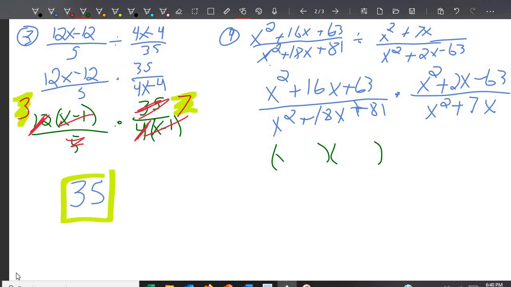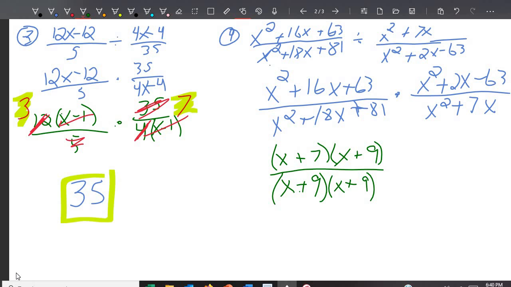The factors of 63 that add up to be 16 are 7 and 9. The bottom, the factors of 81 that add up to be 18 are 9 and 9. On this side, the factors of 63 that subtract to give me 2, x plus 9, x minus 7. And then the bottom one, we can factor out an x, and we're left with x plus 7.